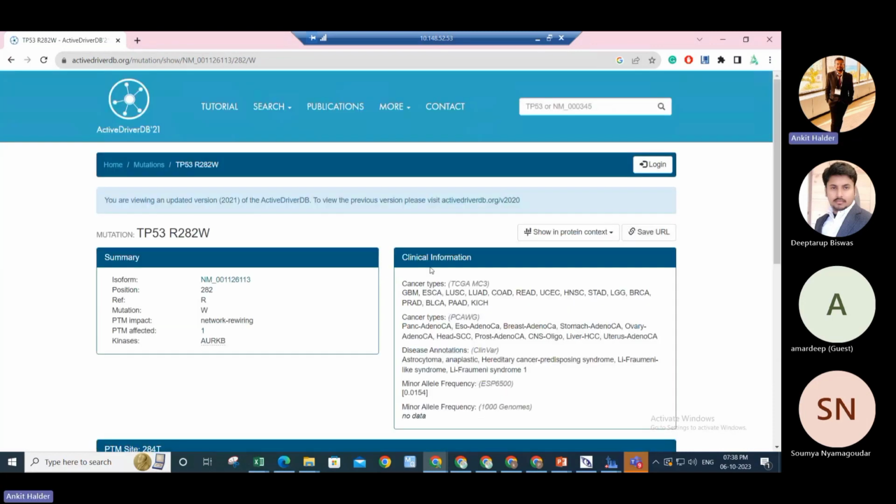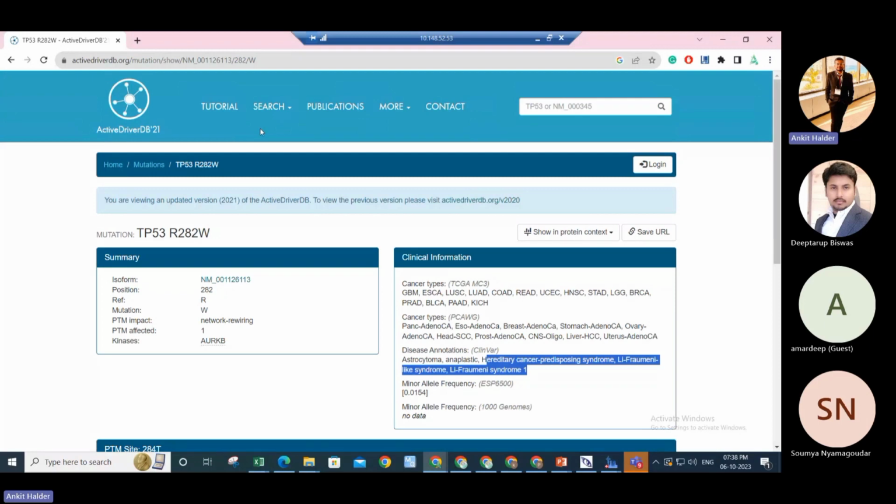Then what cancer type: TCGA, PCAWG, pancreatic cancer, tumor, hereditary cancer. So all these things you get from where the experimental data is coming. You can go ahead and look at the ActiveDriverDB to see which are the things in the PTMs. You can load an example as well.